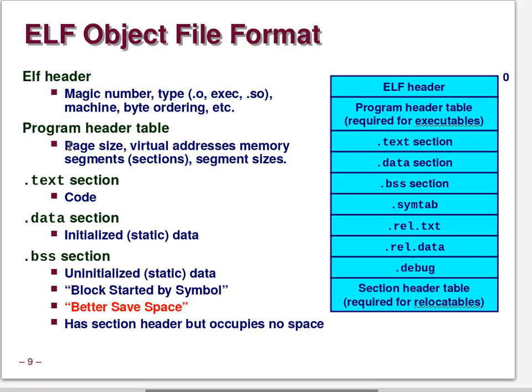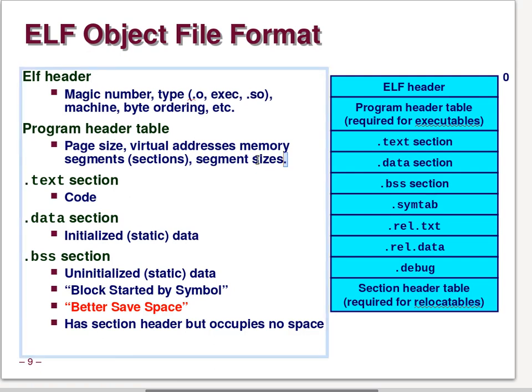We talked a little bit about page size and virtual memory segments and segment size. We are going to go more into this in operating systems, but just know that when you compile a program for Linux, or at least in the ELF format, and Windows needs this as well, there is a header table telling it about how much memory it needs, what segments, and what the segment sizes are.